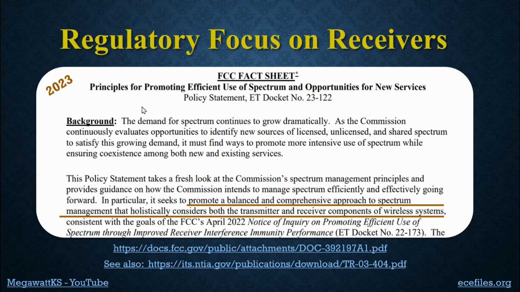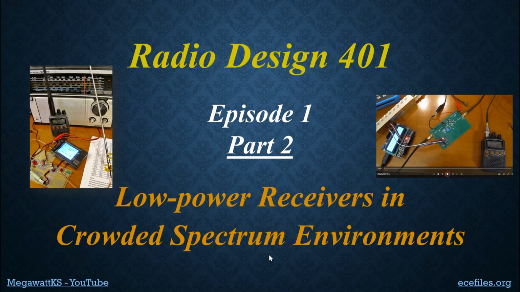And if you want to know more about that, here is an FCC fact sheet from 2023. So this is happening today. It's happening very, very slowly. But what they're doing is they're starting to try to promote a balanced and comprehensive approach to spectrum management that holistically considers both the transmitter and receiver components of wireless systems. So we care about receivers now, not just transmitters and their spurious emissions.